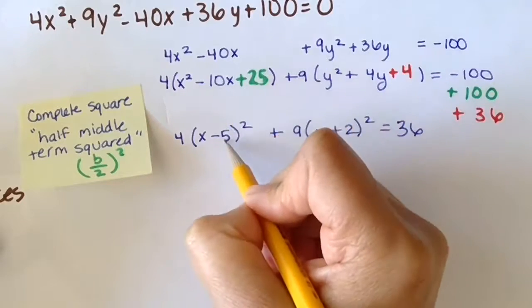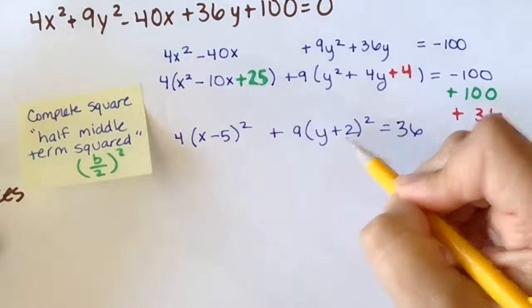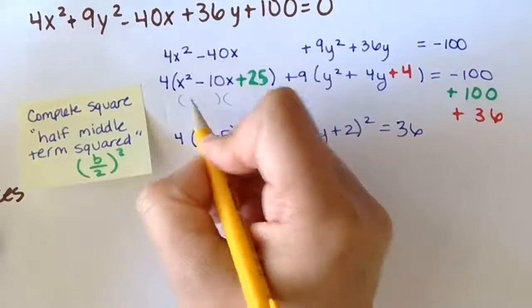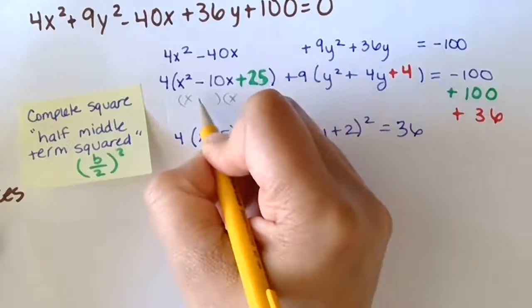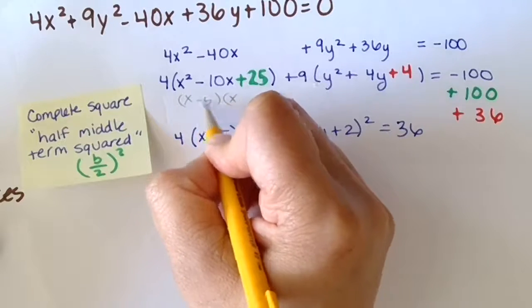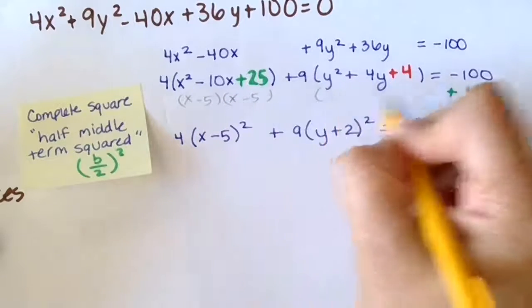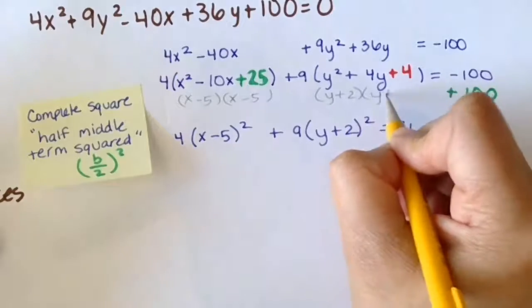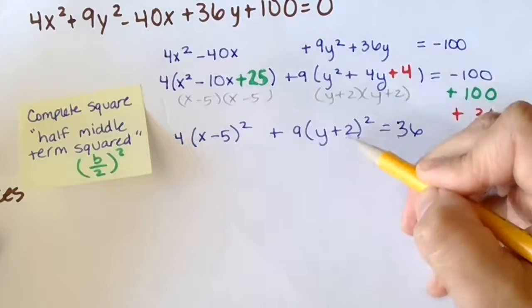So half of negative 10 is negative 5. Half of positive 4 is positive 2. Or you can say to yourself, two numbers that multiply to get 25 and add to get negative 10. Two numbers that multiply to get 4 and add to get 4. You should go from this step to here.